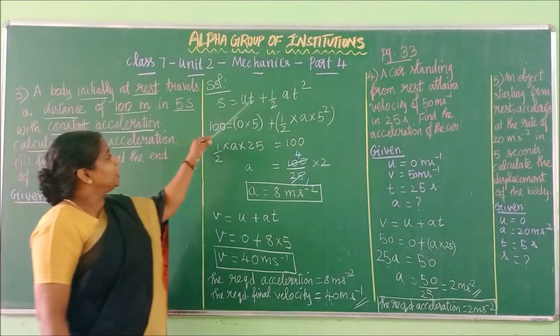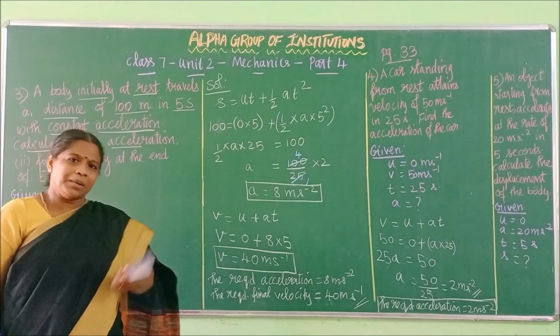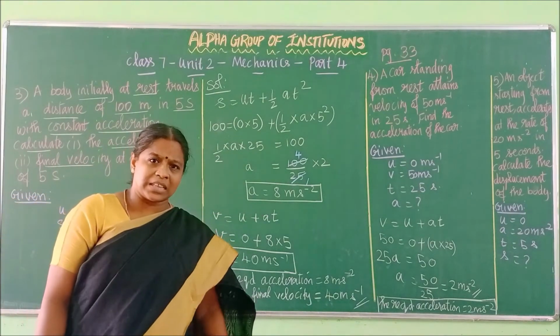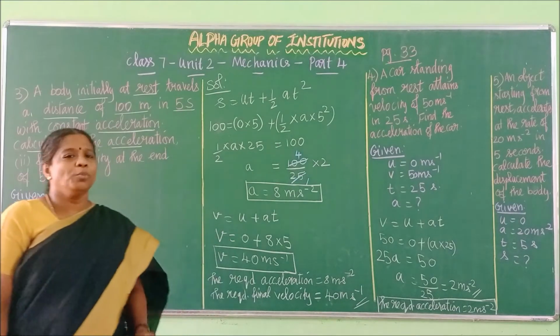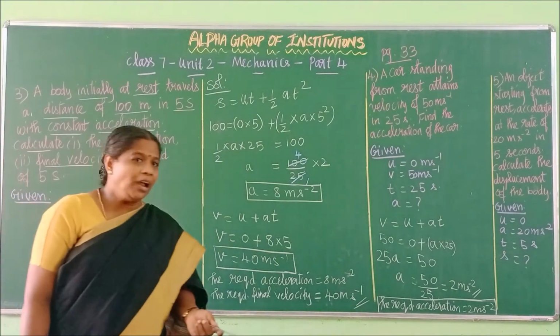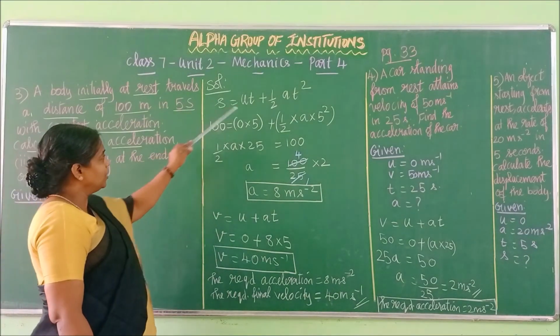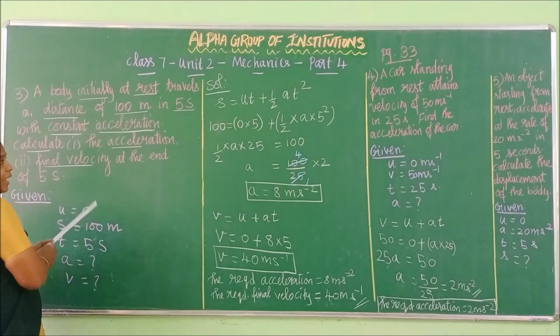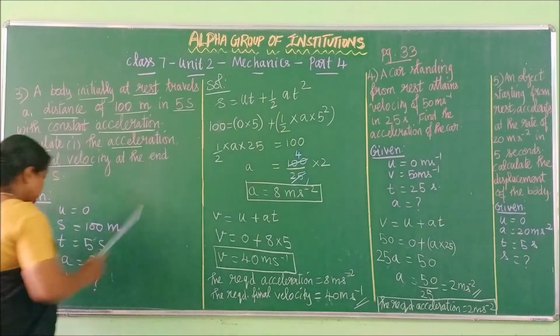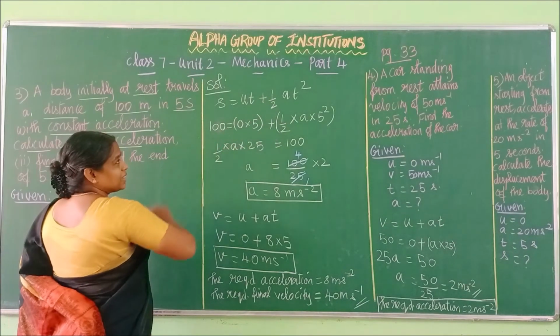s is equal to ut plus half a t square. Substitute the direct values. You can pause the video and do it yourself, and then check the notebook with your video. So don't depend on the video completely. So what is your s value? 100, that I have written. u value is 0, that I have written. t value is 5, substituted, plus half, as it is.